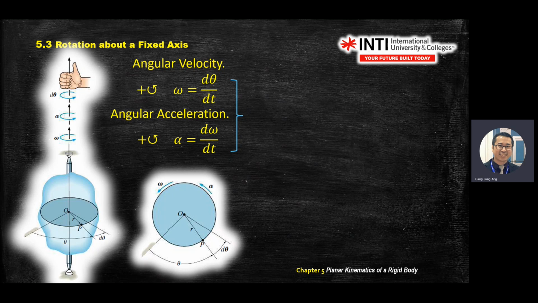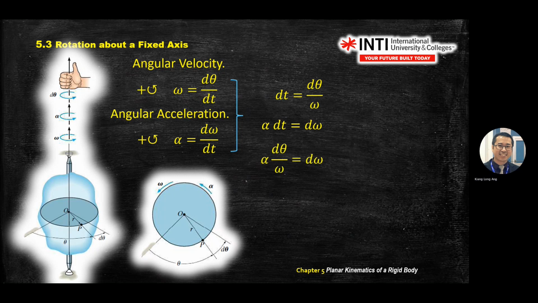Again, in particles, you freeze time. In angular motion, you also freeze time. You rewrite the equation, for example, you pull the dt to the left-hand side. Alpha dt equal to d omega. So you substitute your dt equal to d theta over omega. You substitute inside here, you get alpha d theta over omega equal to d omega.